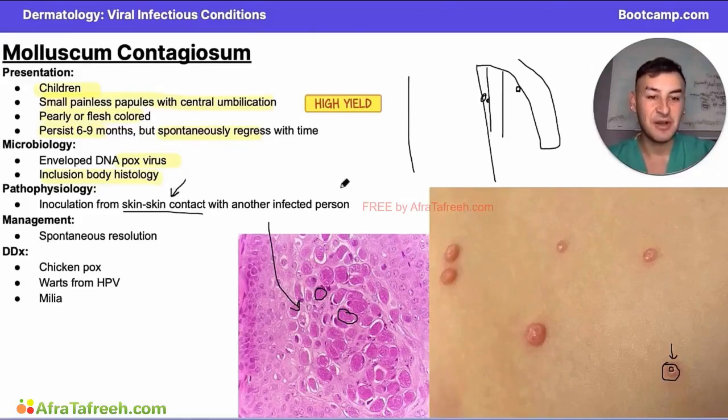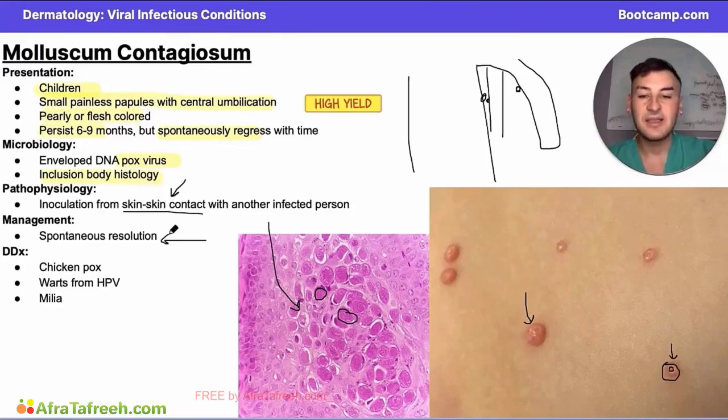She doesn't have a medical background, so she saw these bumps popping up on her babies, and she was like, oh my gosh, we need to get them removed. So she took me to the doctor, and she said, can we please take these off? And the doctor said, you know, these are going to go away on their own. They're benign. If I try to freeze them off or cut them off, there's a risk that I could cause a scar by doing so. So the answer on test day is always just going to be, let it be. These are going to spontaneously resolve, okay?